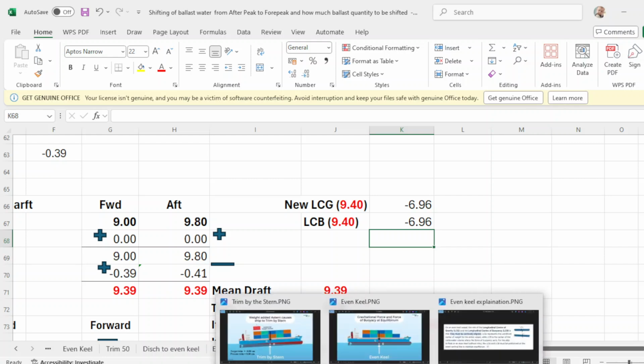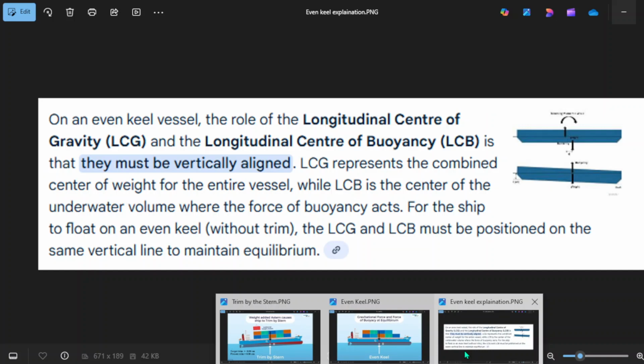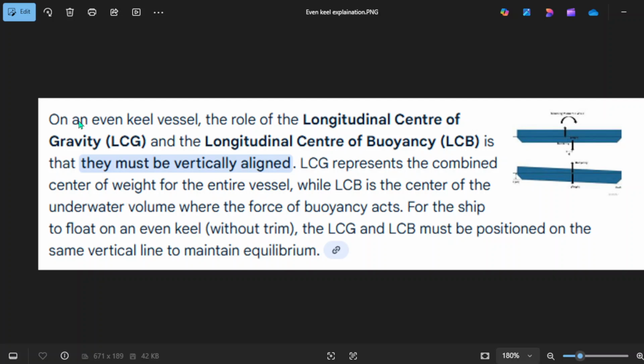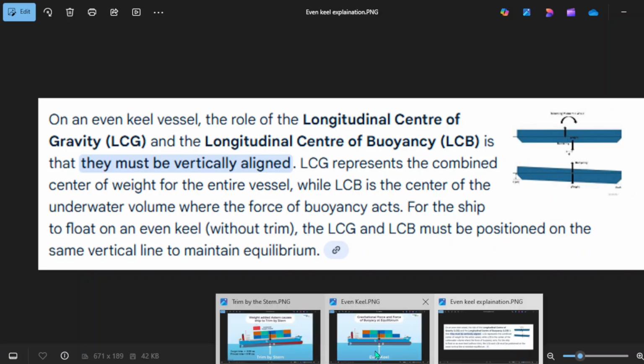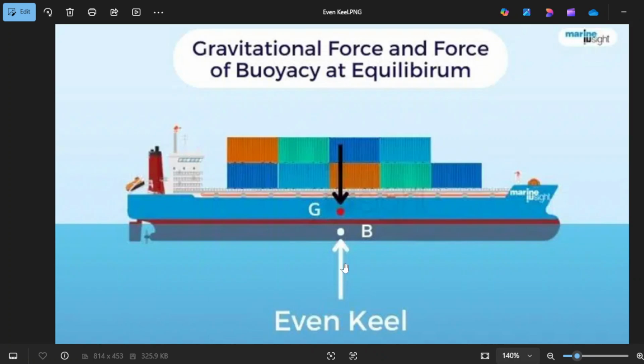On an even keel vessel, the longitudinal center of gravity, LCG, and the longitudinal center of buoyancy, LCB, must be vertically aligned. So what does it mean? If you are even keel, the LCG vertical line and the LCB vertical line should be in one line.